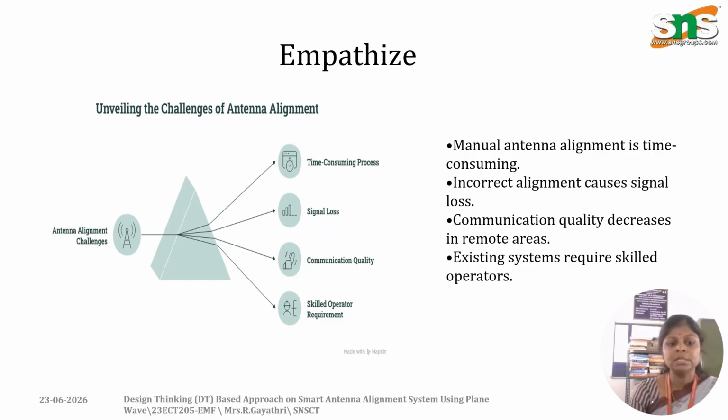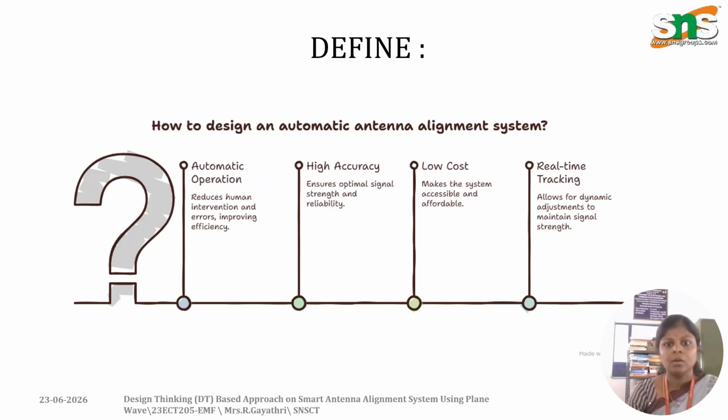Keeping these pain points of the antenna alignment system in mind, we define one particular method, which is the automatic antenna alignment system. In the automatic antenna alignment system, automatic operations are involved, which reduce human intervention, and human errors are also reduced.